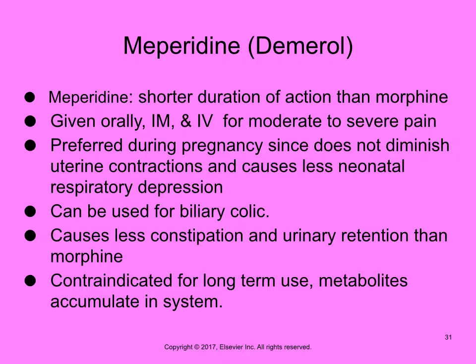So neurotoxicity and seizures can occur, especially with renal disease. So a lot of people will not use it. But it is very effective for biliary colic. It's got an antispasmodic kind of effect to it, unlike some of the other opioids, and it can be quite helpful there.